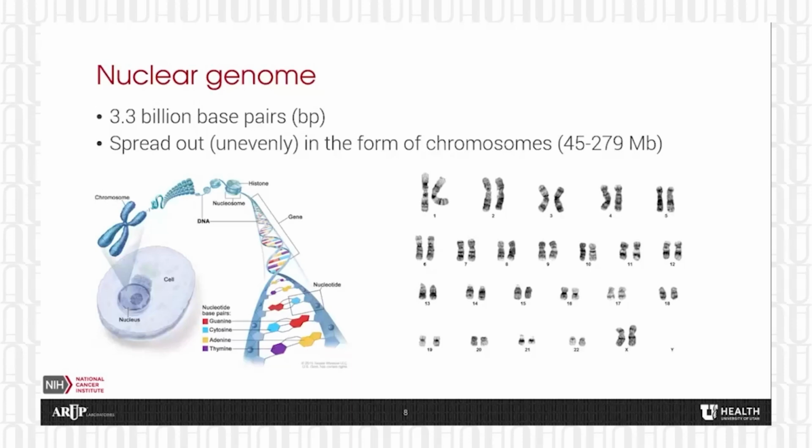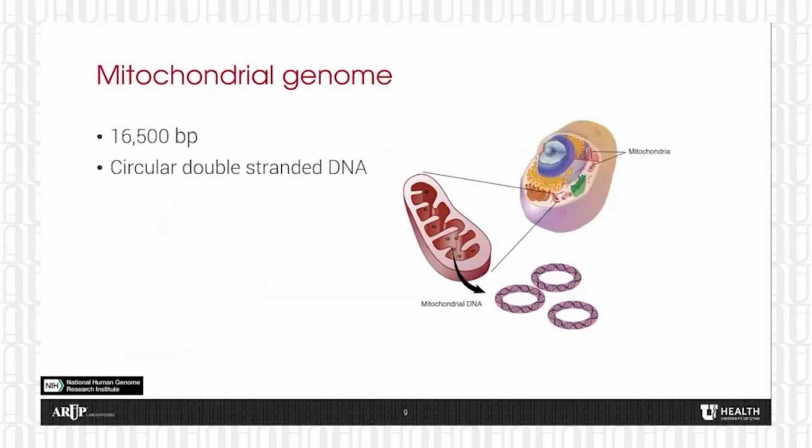And these base pairs, in the form of chromosomes, are spread unevenly. As you can see, there are different size chromosomes in the nucleus. Just a brief mention of mitochondrial genome: compared to the nuclear genome, it's very small. It only has 17,000 base pairs, and it's in the form of a circular double-stranded DNA.